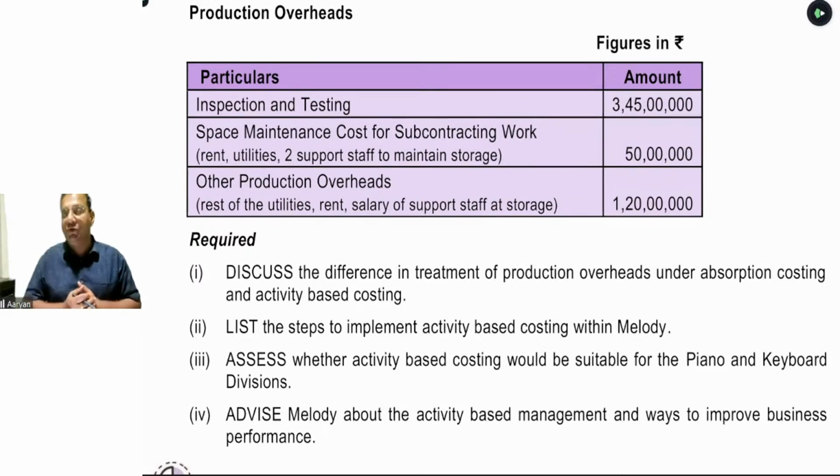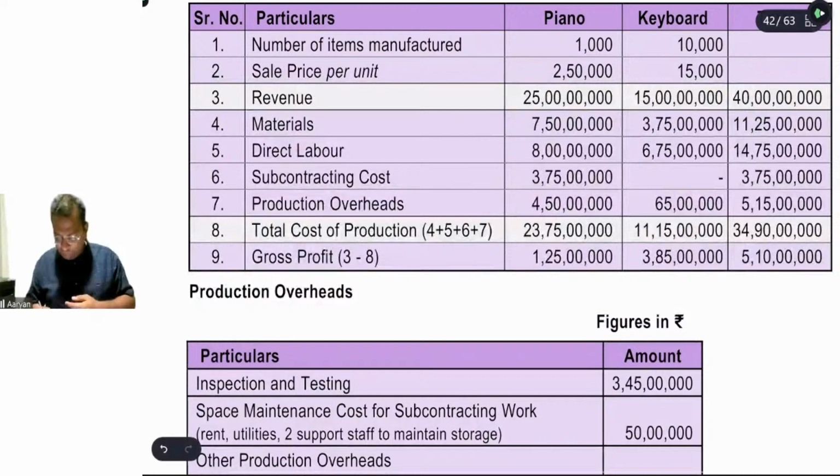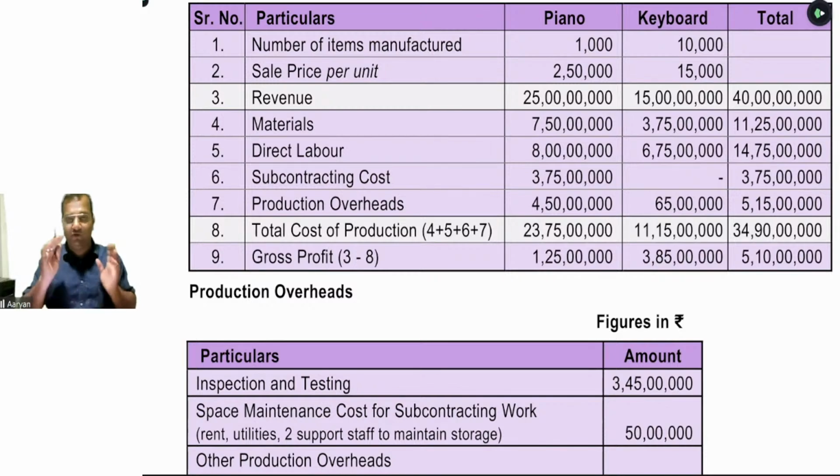My question to you is whether we have to do the calculation. What will be the first calculation of production overhead under absorption costing? Although they have given to us that it's 4 crore 50 lakh and 65 lakh, they have already calculated the same. And in ABC, whether we have to calculate the same and then we have to discuss, or without any calculation, just we have to discuss the same.